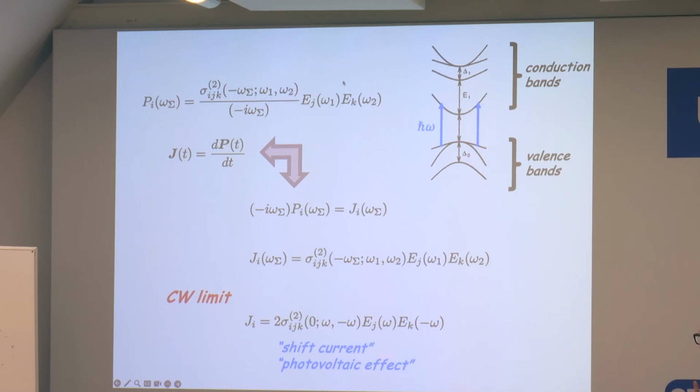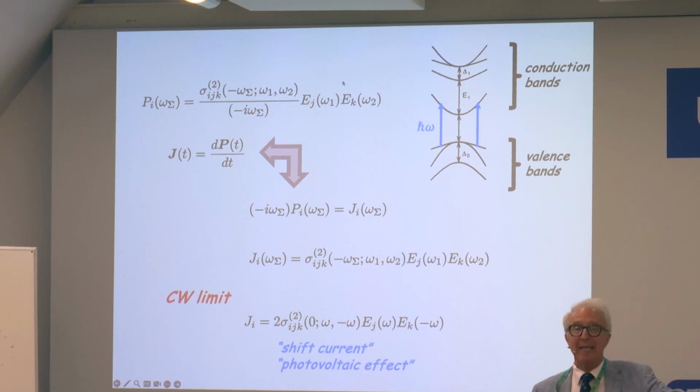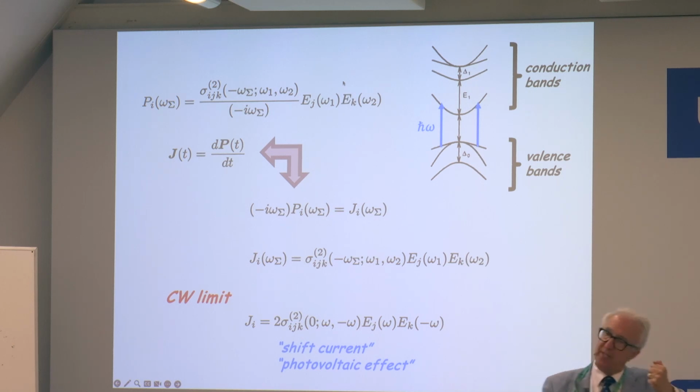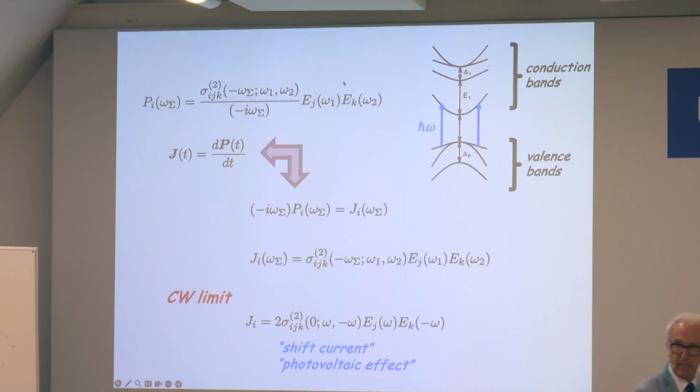That's called a shift current or a photovoltaic effect. What's happening is that h bar omega is greater than the gap, so I'm absorbing light at frequency omega, but in the DC regime I'm driving a current.